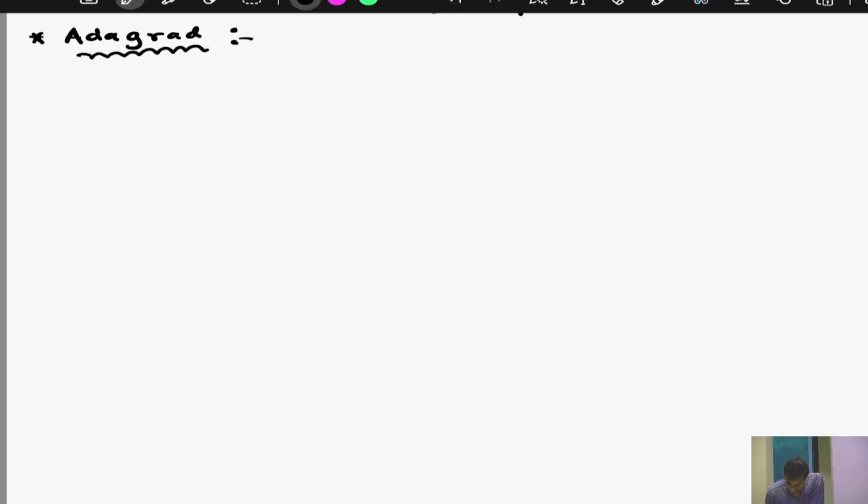In this case we will play with the learning rate. Again we will follow the same thing: I will write down the steps and then we'll discuss if those steps are making any sense or not.